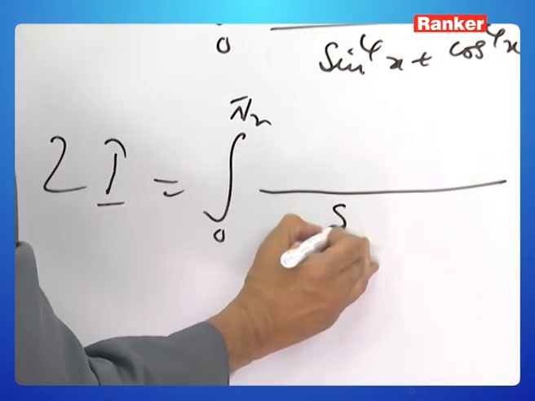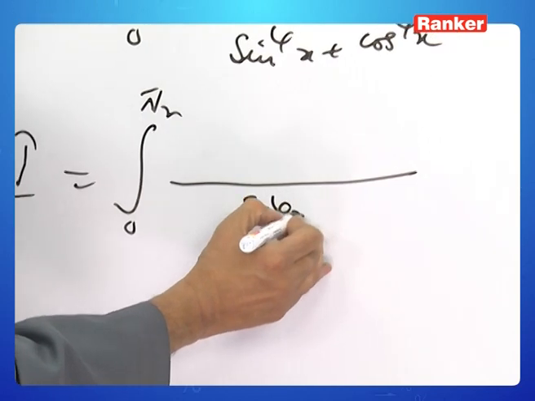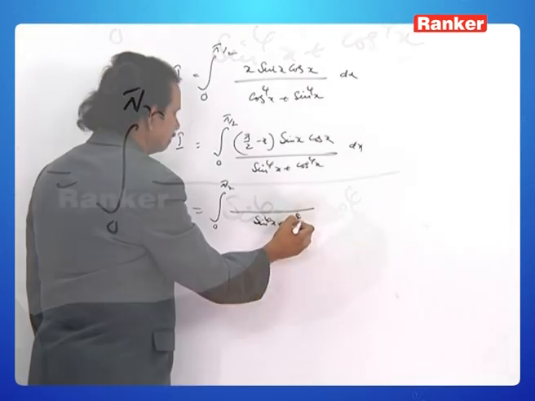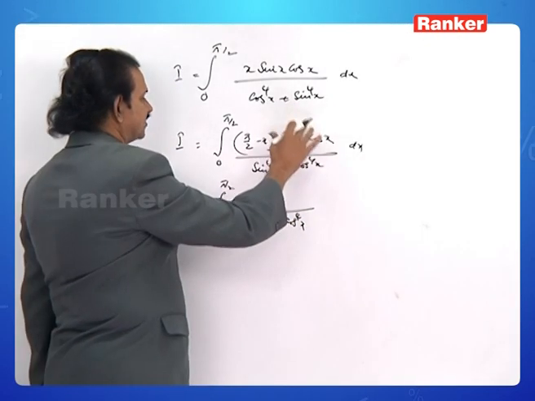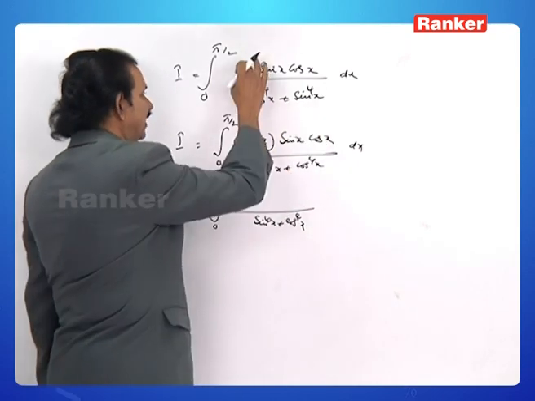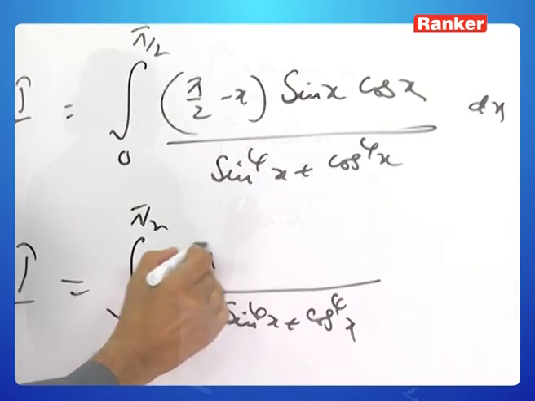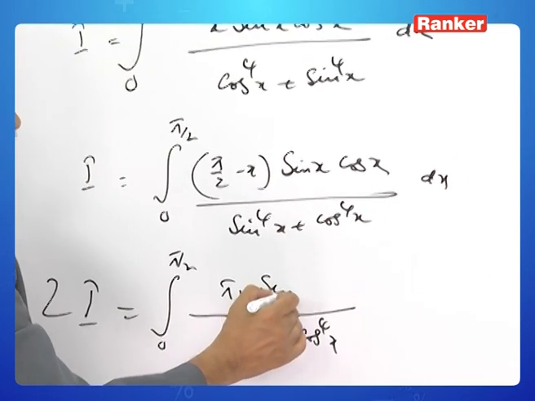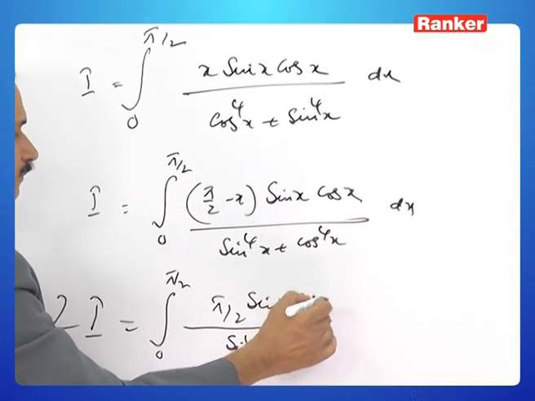Denominator is same. If you take sin x cos x as common factor, you have x plus pi by 2 minus x is pi by 2. Pi by 2 into sin x cos x.